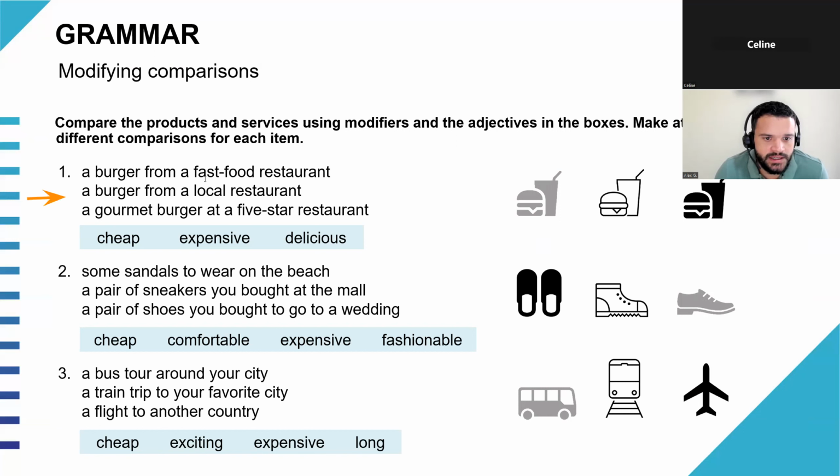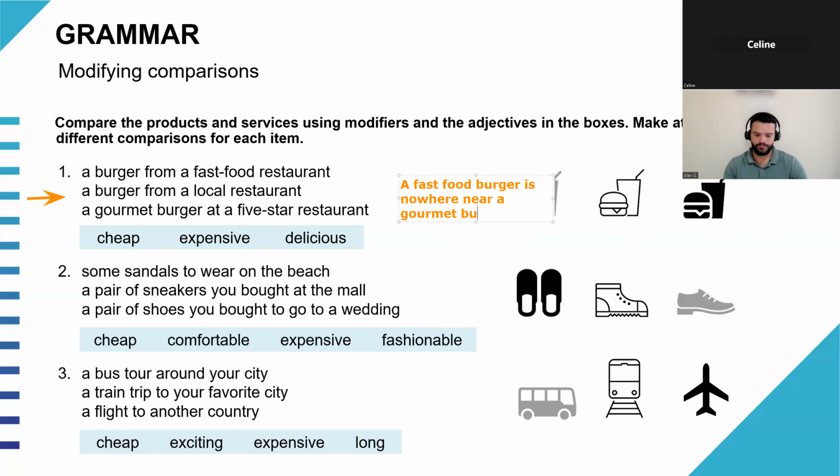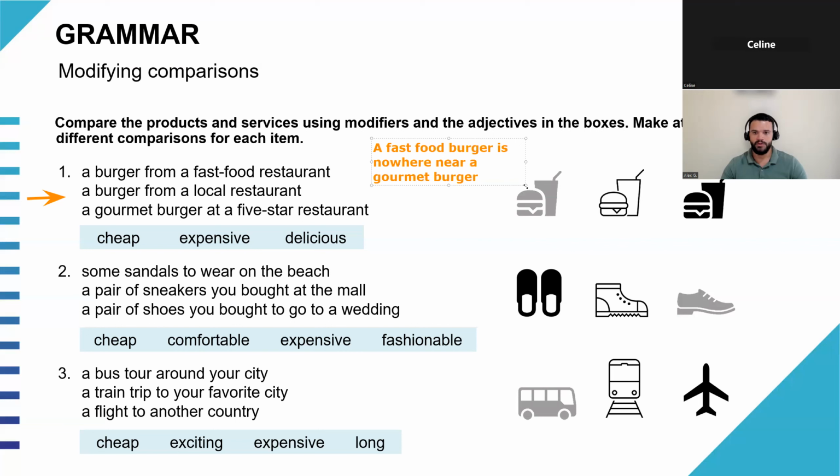So you can say something like, a fast food burger is nowhere near a gourmet burger. Okay, so this is the comparison using the examples that we had before. Is nowhere near a gourmet burger.